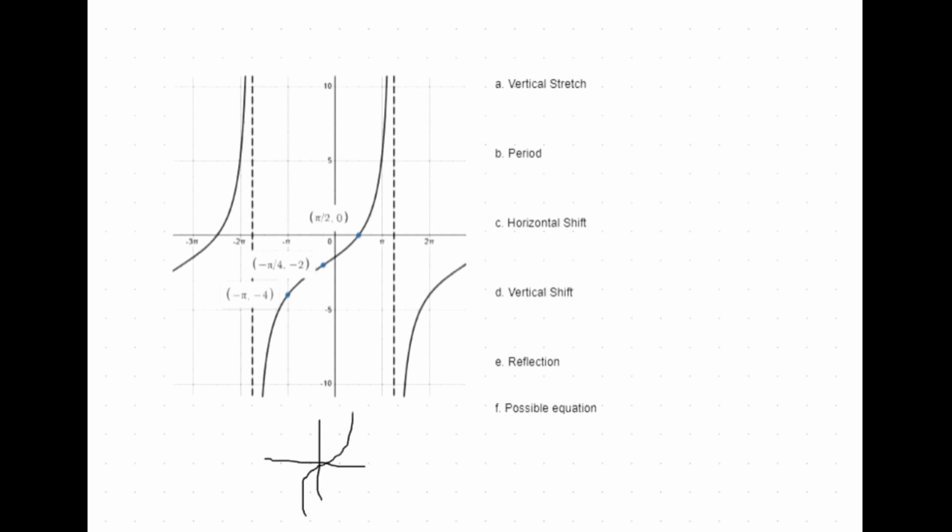So basically, if there's no reflection, then the graph will proceed in the same direction. But if there is a reflection, then we expect the graph to look something like this. But since we see that the graph is going this way, then we see that there's really no reflection. So for reflection, we can just put none.